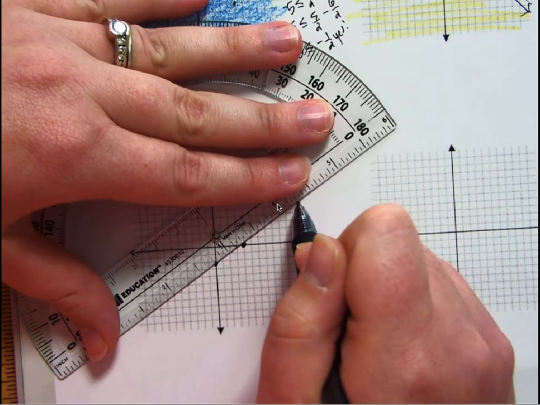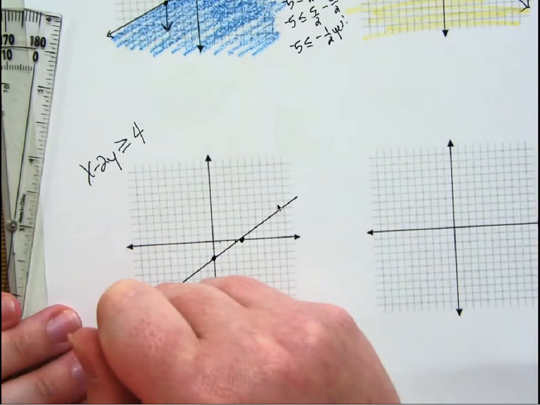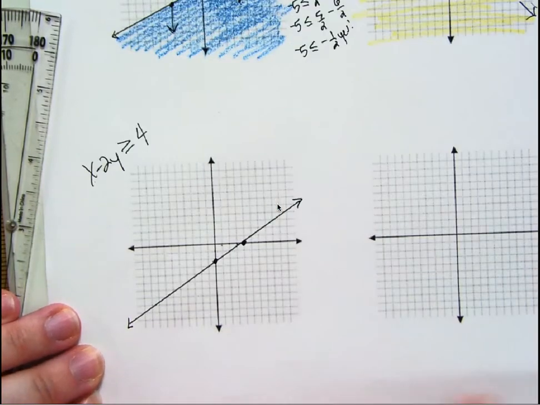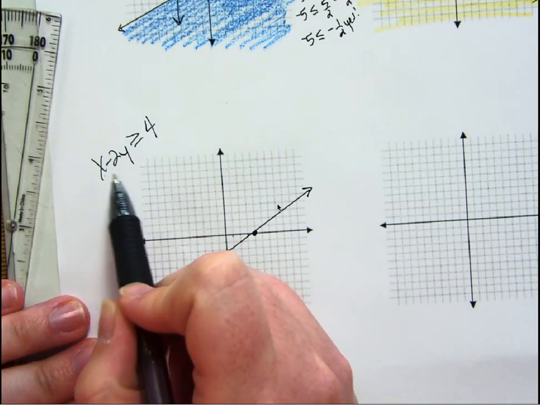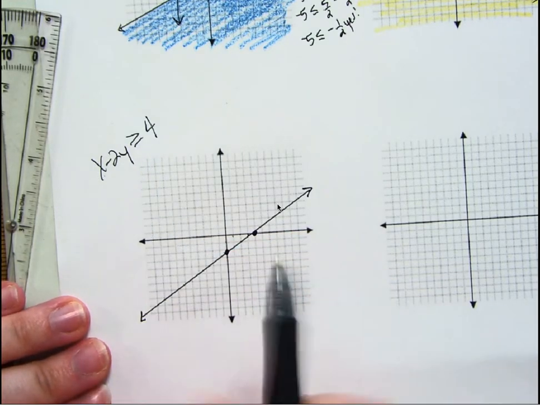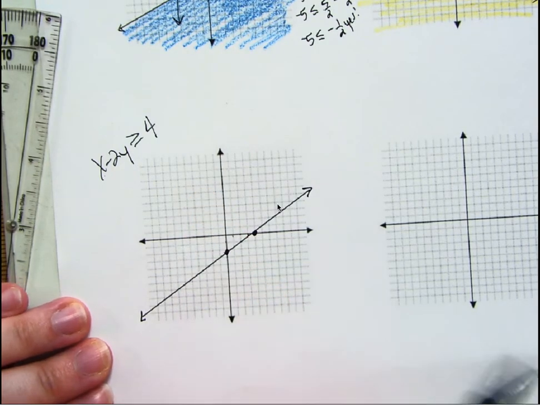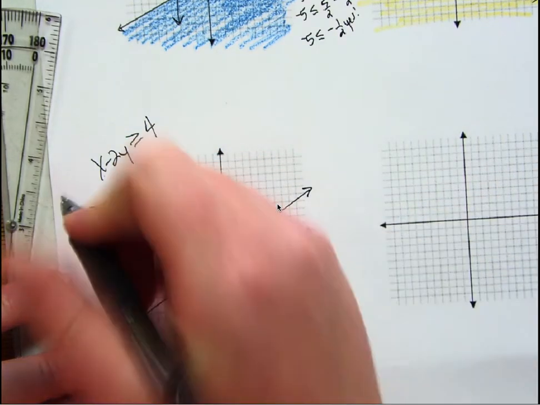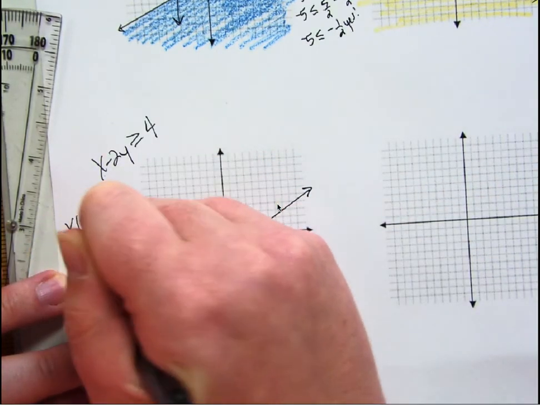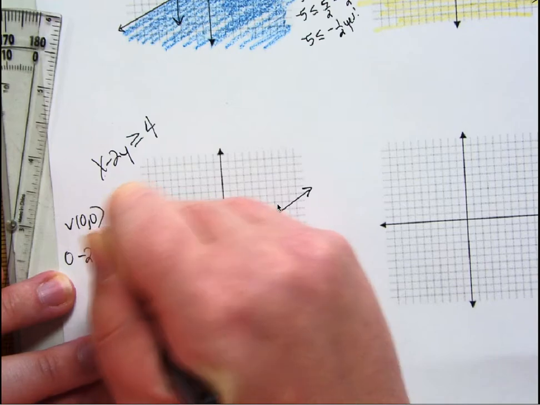Because it's equal to, I'm going to use a solid line. And once again, I want to test an ordered pair in my inequality to see if I'm going to shade up or shade down for my line. I'm going to check with 0, 0. So 0 minus 2 times 0 is greater than or equal to 4.